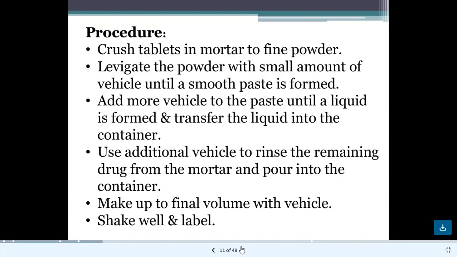Procedure. Crush tablet in mortar to fine powder. Levigate the powder with small amount of vehicle until a smooth paste is formed.